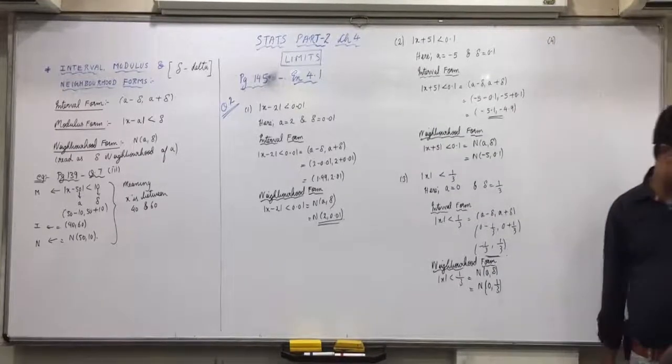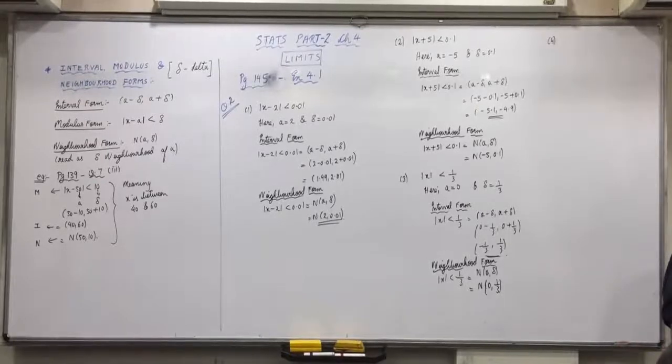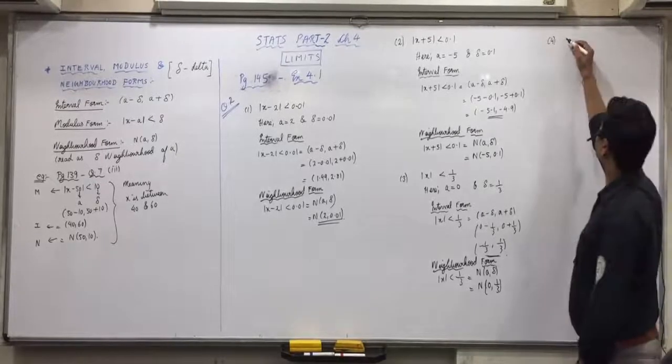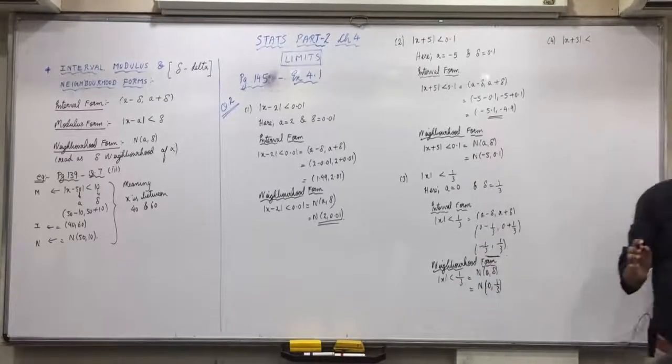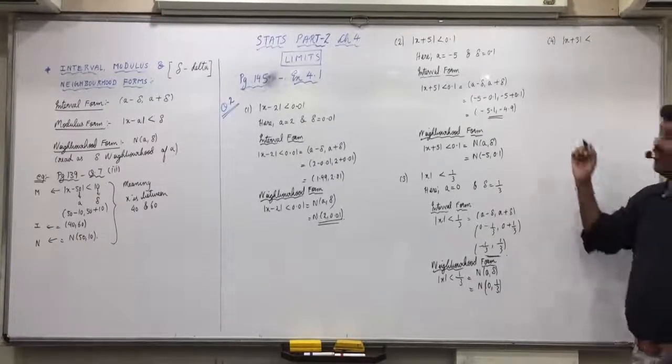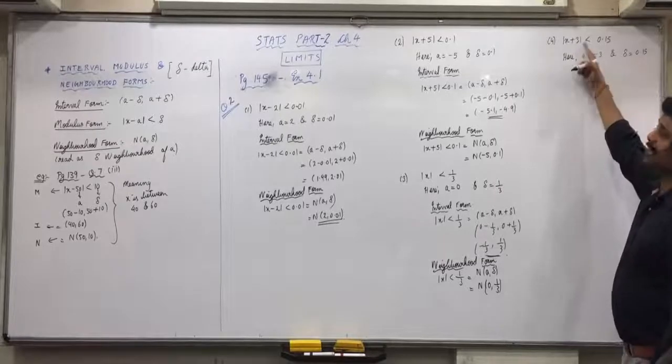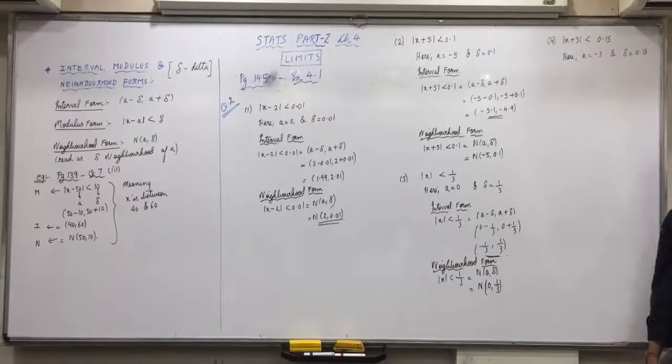And the last one, modulus x plus 3 less than 0.15. a is minus 3, okay? When the sign is plus, then a is negative.